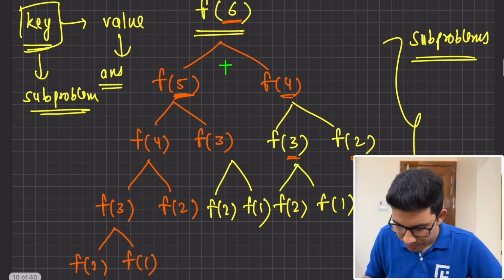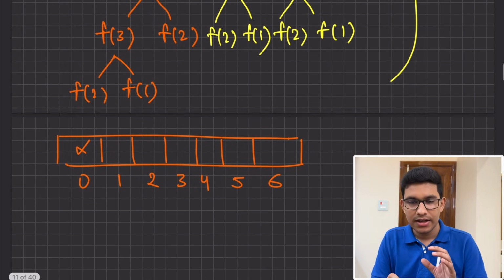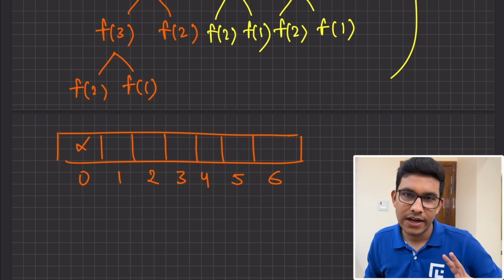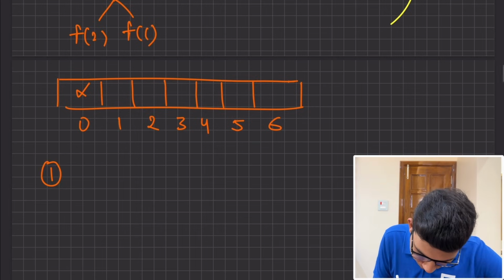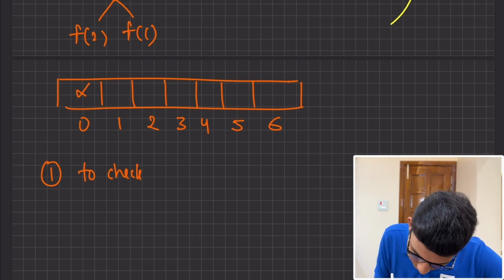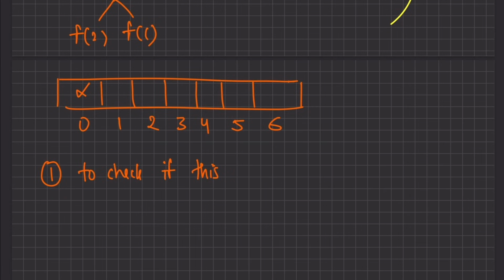So firstly, if you're having this array, there are two operations that you're really concerned about. First is to check if this subproblem has been solved before. This is one thing that you need to care about.